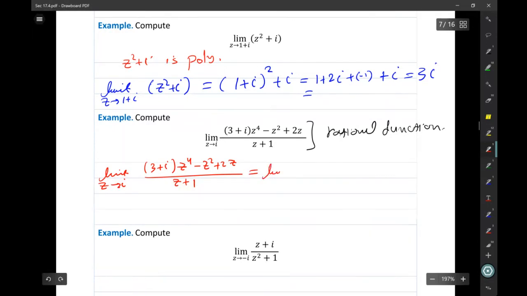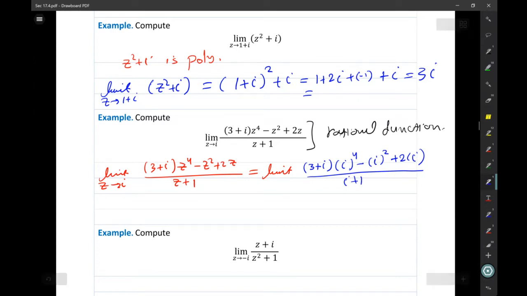It becomes (3 plus i) times i to the power 4 minus i squared plus 2i, divided by i plus 1, without the limit because we already substituted the values. Now we need to simplify only.